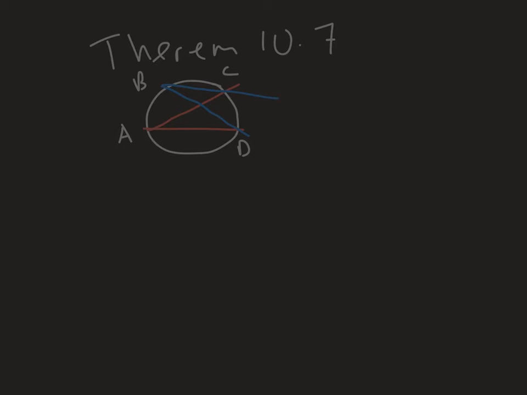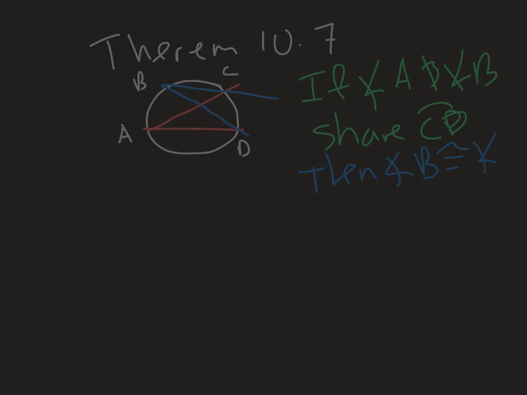So what that's saying is that if I have two inscribed angles, let's call them angle A and angle B to match the picture, that share the endpoints, so let's say arc CD, then what we're trying to say is that angle B is congruent to angle A. And that is it, meaning that if CD is shared, so both these angles cross through these points, they are inscribed, then I'm trying to say that these angles are indeed congruent.